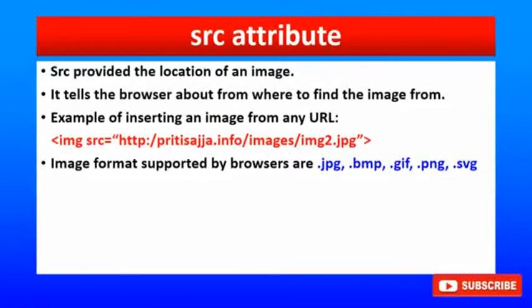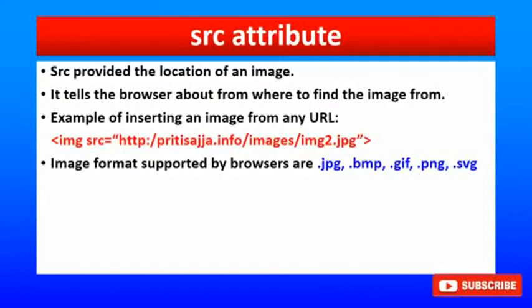The location here refers to the source of the image. It tells the browser where to find the image. Many times we use a URL as the image location. Without mentioning the source of the image, it is impossible for a browser to find and display an image.